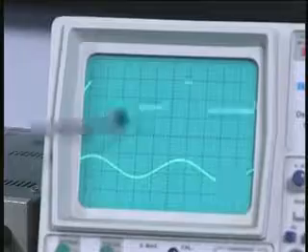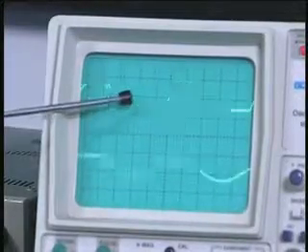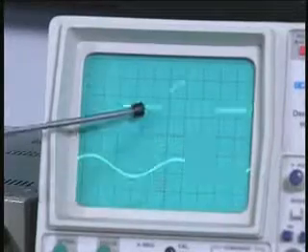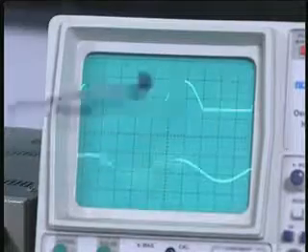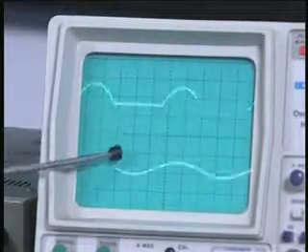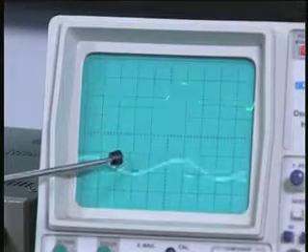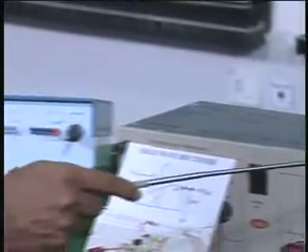After rectification you can see there is a half wave rectification achieved. You do not have any output when the signal is going negative, and when the signal is going positive you get that alone coming here. Now I will vary the amplitude, and when I change that the output amplitude also varies. If I change the frequency the output also changes, you can see that.